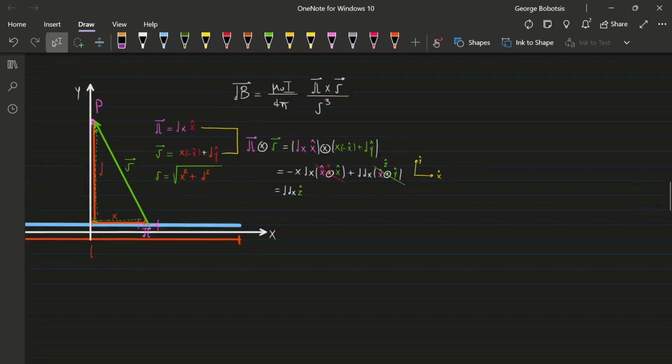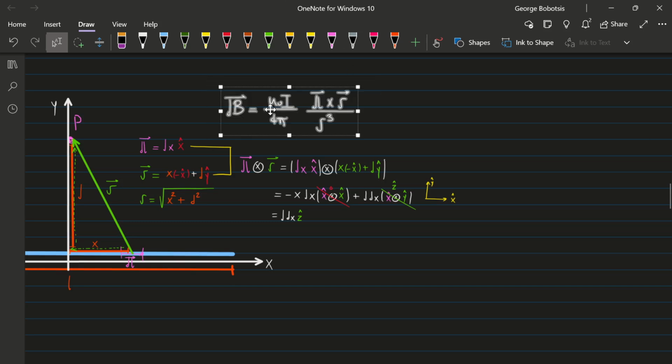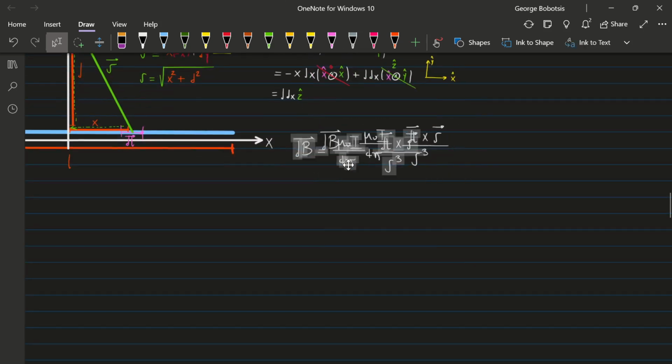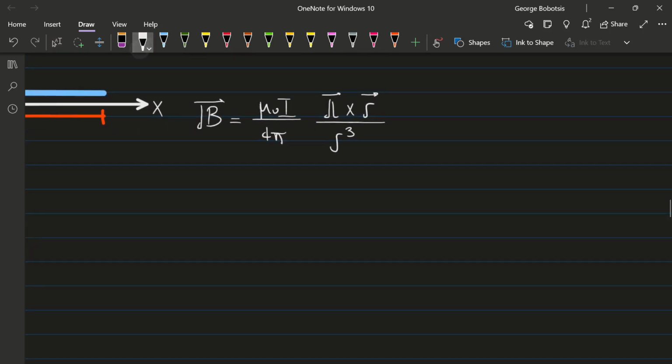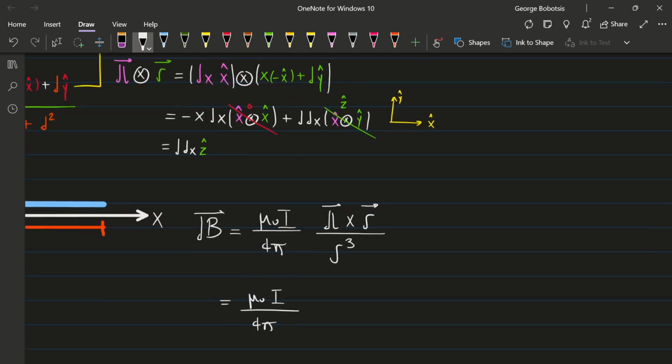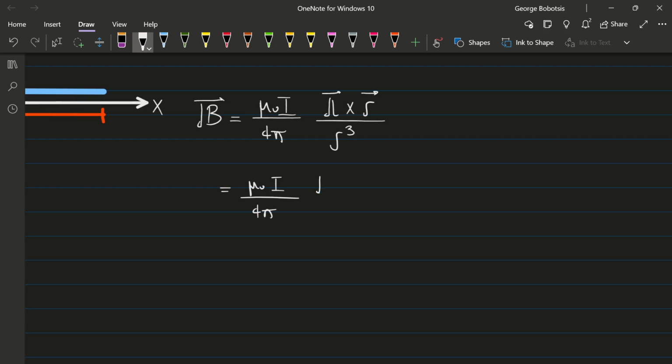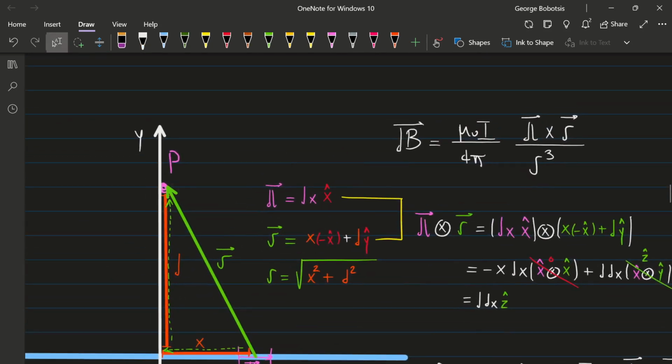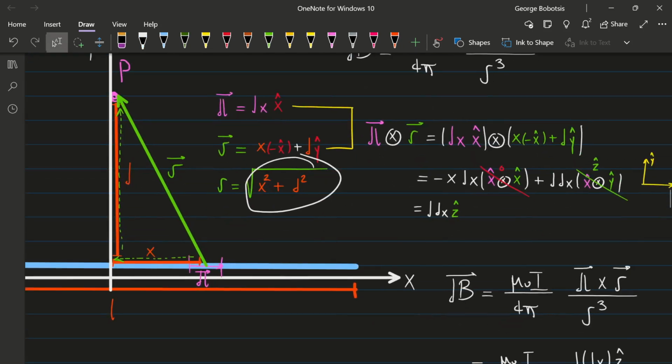Okay, time to go and solve it. So here I go. I got, this is just a constant, mu naught I over 4 pi. The cross product was d dx z hat, and the magnitude cubed, interestingly enough, will be this cubed, basically.